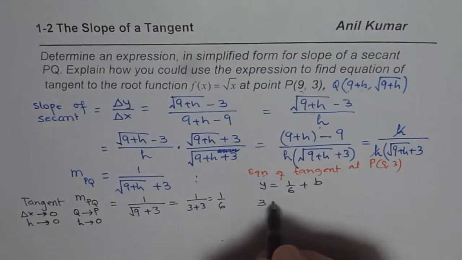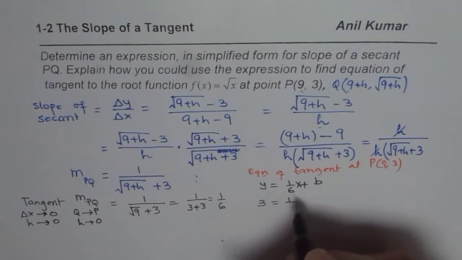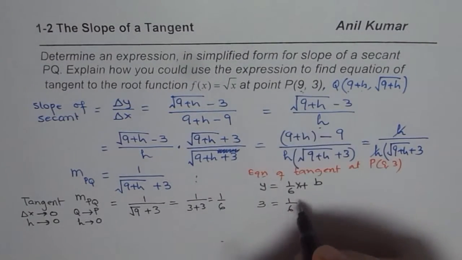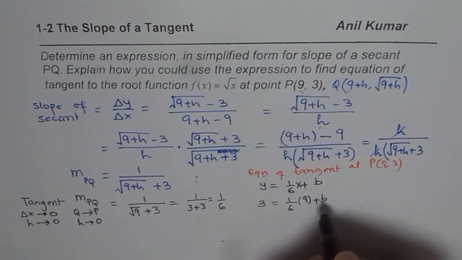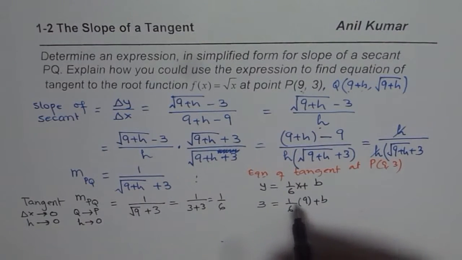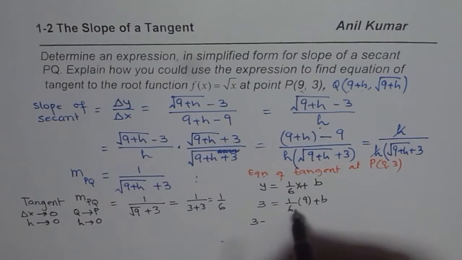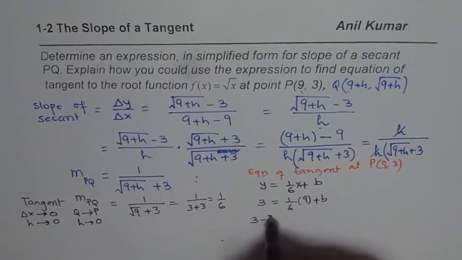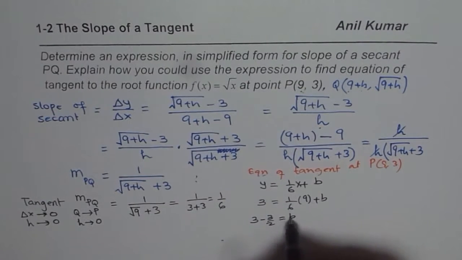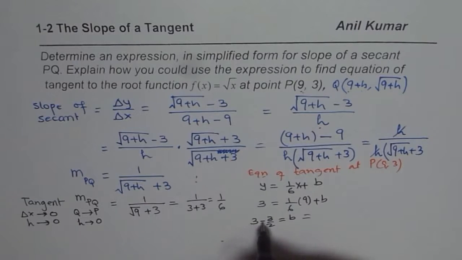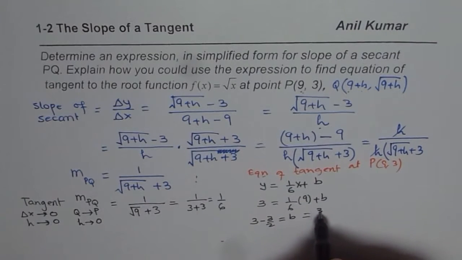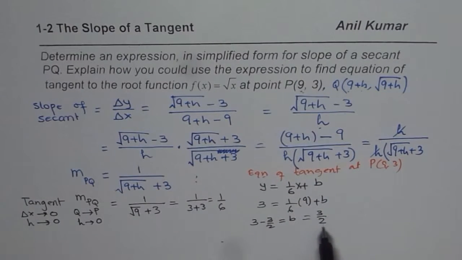So 3 is the value of y, this is x, 1 over 6, x value is 9, plus b. Now we can take it to the right side as 3 minus 9 over 6, and if you divide by 3, you get 3 over 2. So 3 over 2 equals b, or 6 minus 3, which is again 3 over 2. So 3 over 2 is the y-intercept.